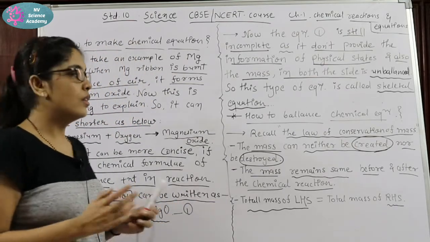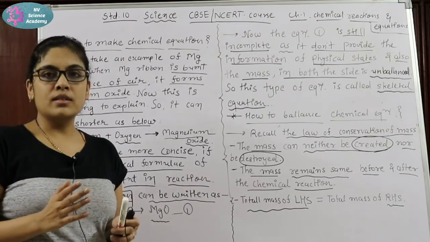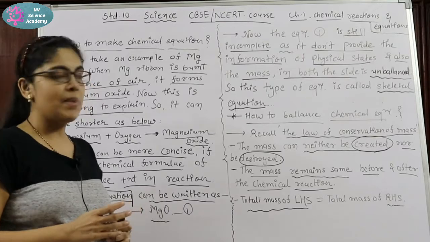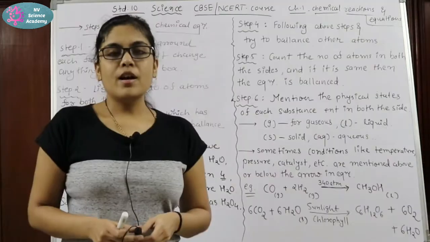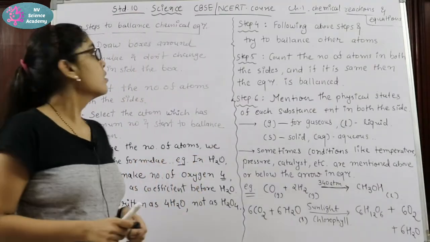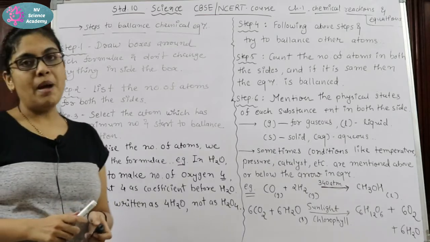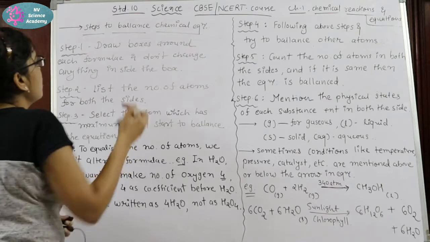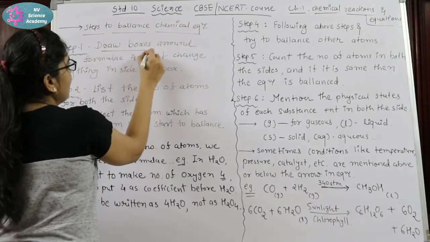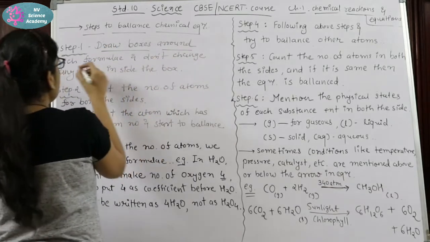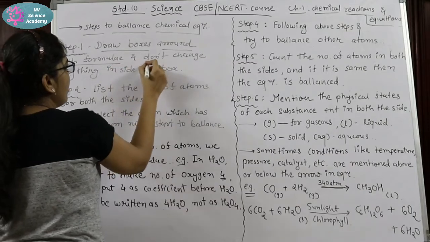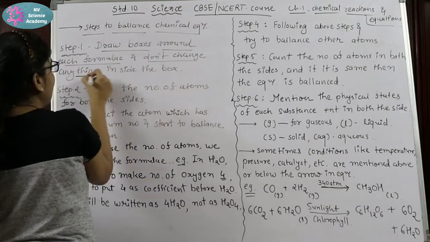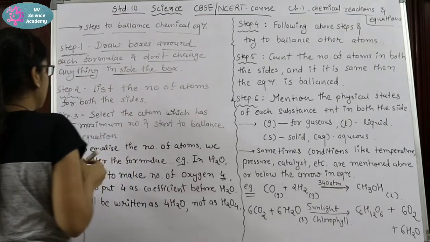Now let's study the steps to balance a chemical equation. Step 1, draw boxes around each formula, and please note that you should not change anything inside the box.